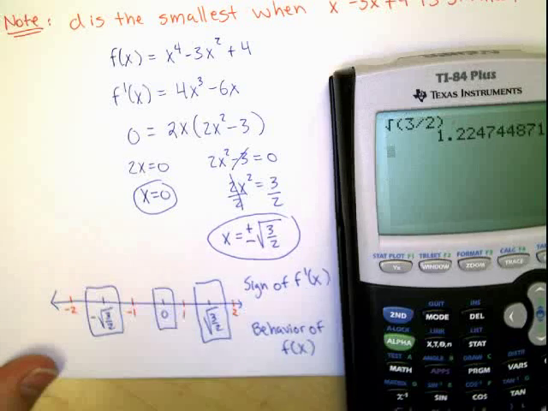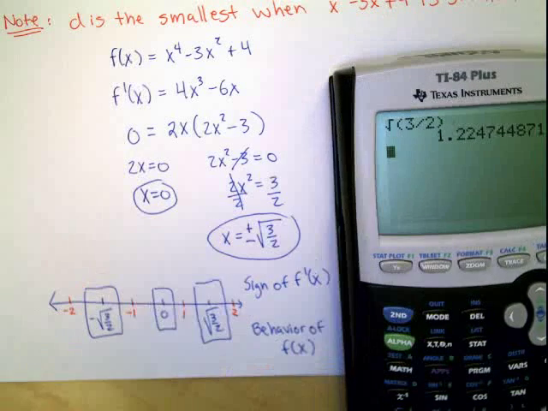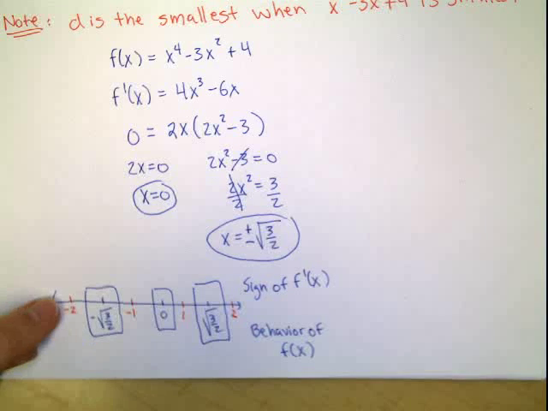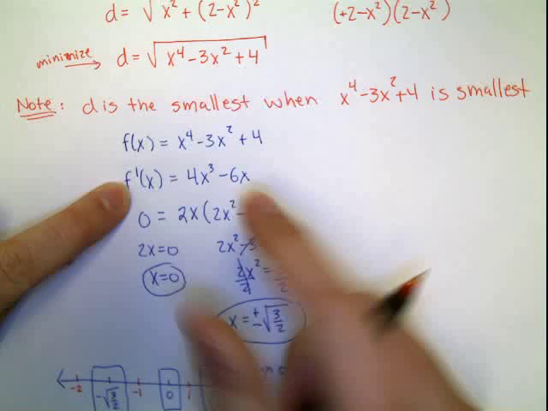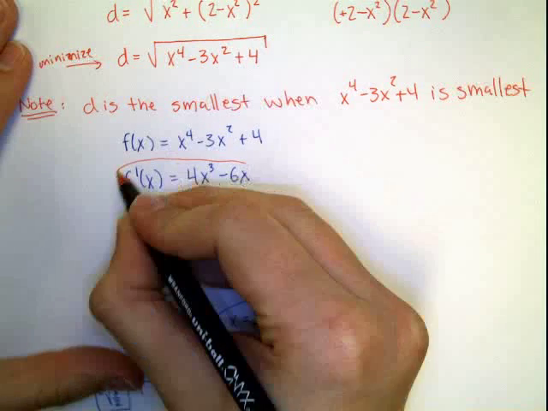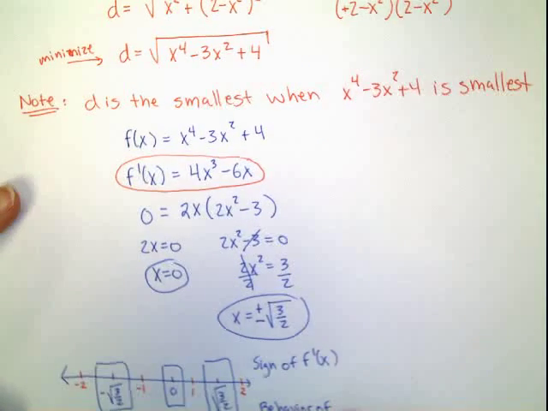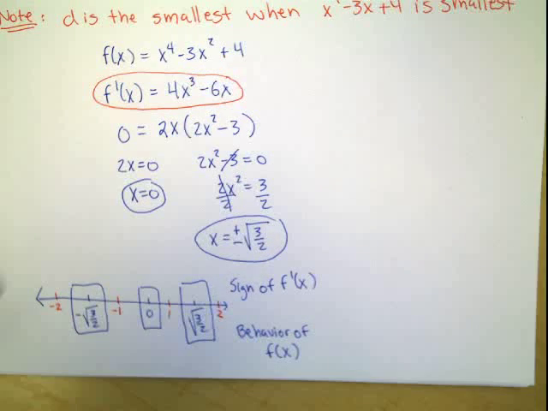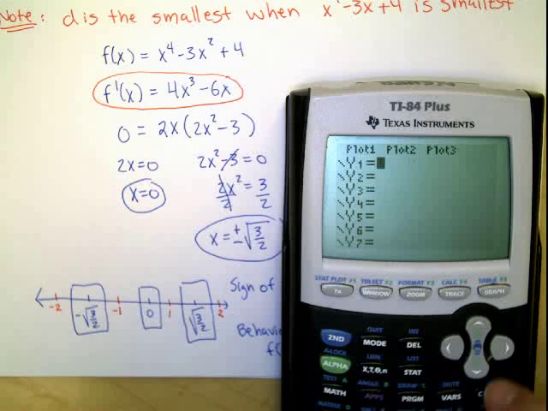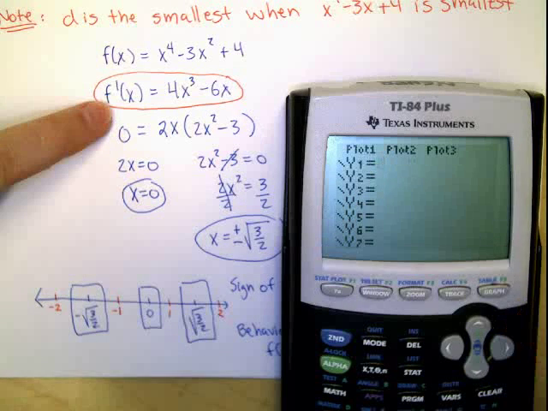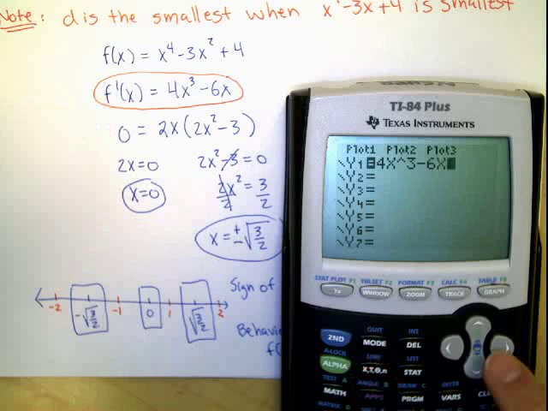Those are all the numbers I'm going to use to plug in and find the sign of f prime of x. So I need to find f prime of negative 2. Remember, f prime is 4x cubed minus 6x. This is what I'm going to plug all those numbers into, the derivative, to figure out if it's positive or negative. A nice little trick is you could go to your y equals and put the derivative in there, 4x cubed minus 6x.